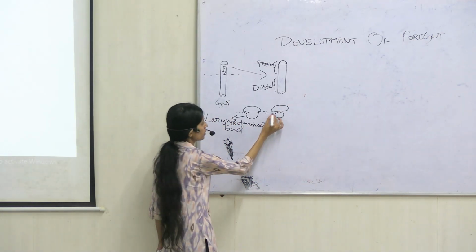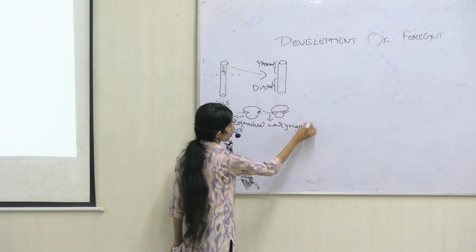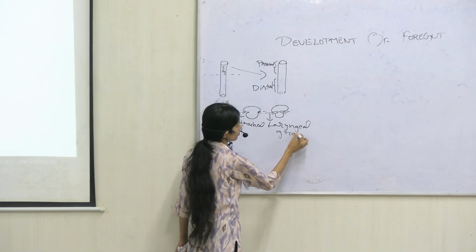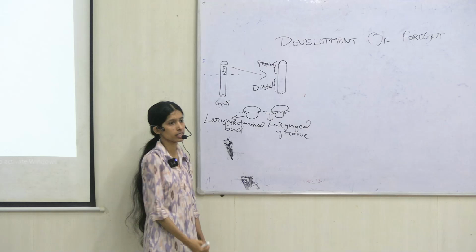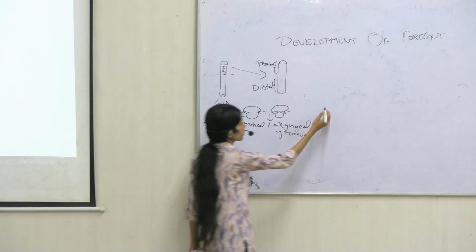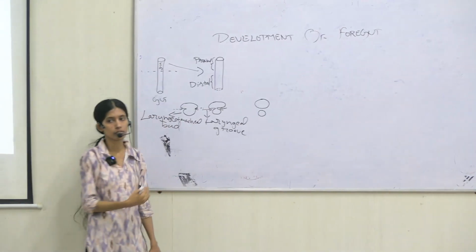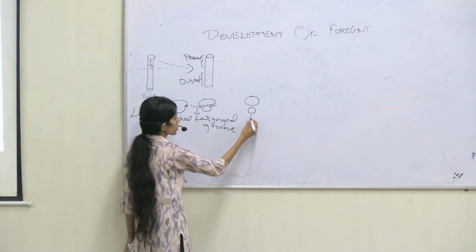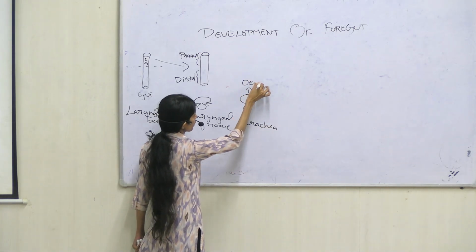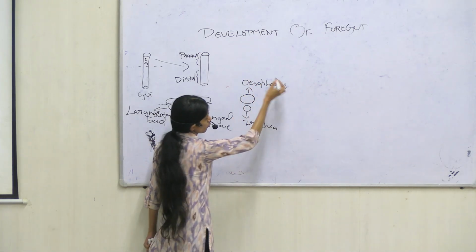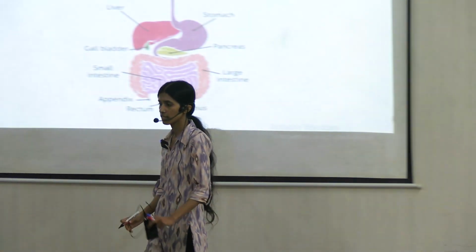This is called laryngeal groove. So this bud region will get separated from the foregut part like this. Now these are two different structures. This particular structure is going to develop as your trachea and this one is going to develop as your esophagus. This is how the development of esophagus takes place.